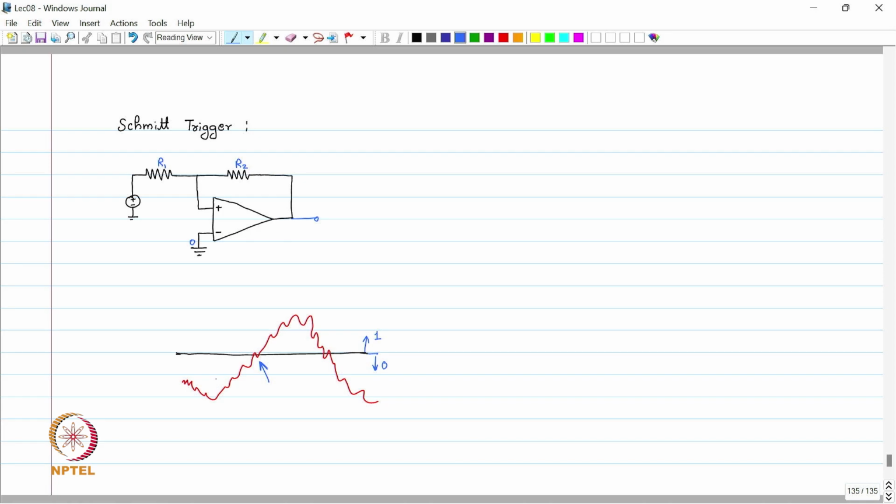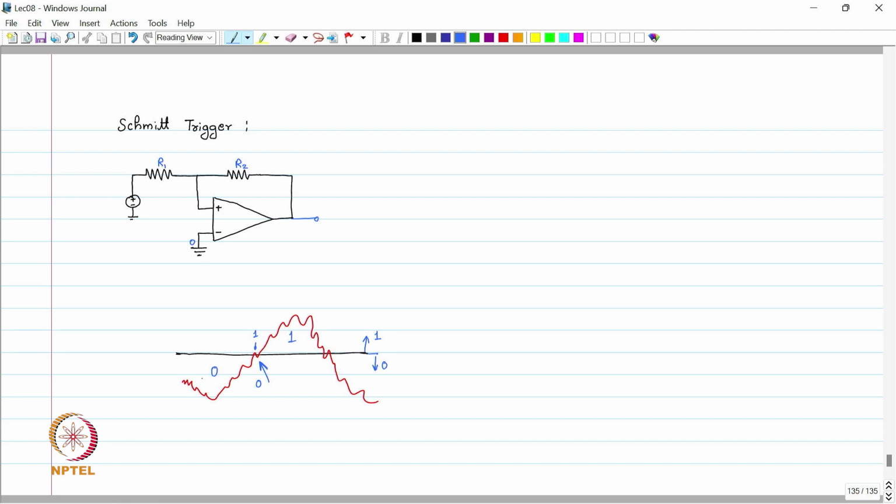So now if we see closely here, we are having 0 here, but as soon as this threshold is crossed, at this point we start receiving 1. But we see this signal again goes below this threshold voltage, so again it becomes 0 here, and after this 0 the signal again goes up because of this noise. We see now a 1 here.